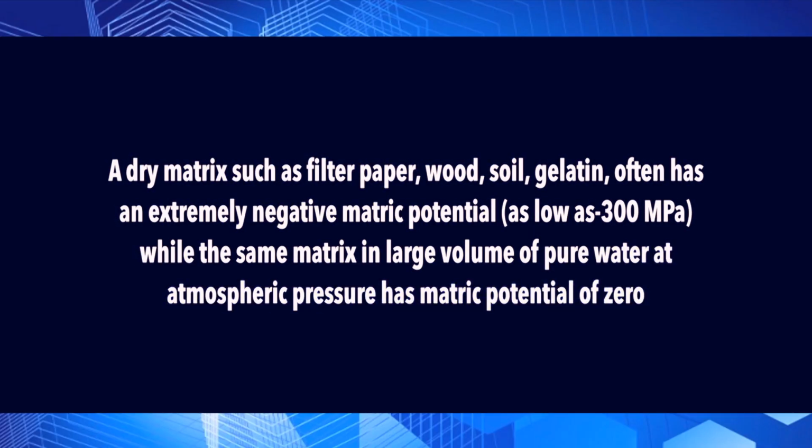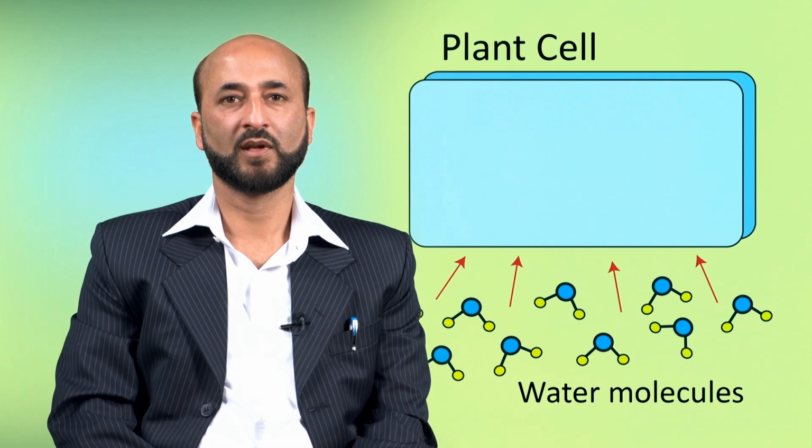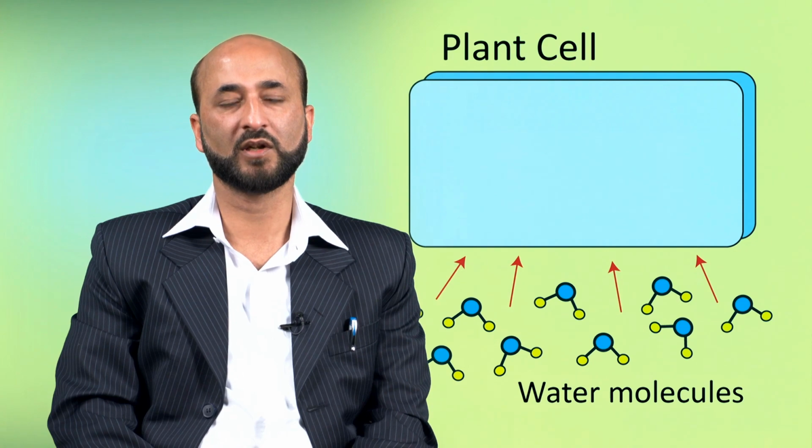A dry matrix such as filter paper, wood, soil, gelatin often has an extremely negative matric potential. It can be as low as -300 megapascals, while the same matrix in a large volume of pure water at atmospheric pressure has matric potential of 0, because being saturated, it is in equilibrium with surrounding water and does not have tendency to adsorb additional water molecules.